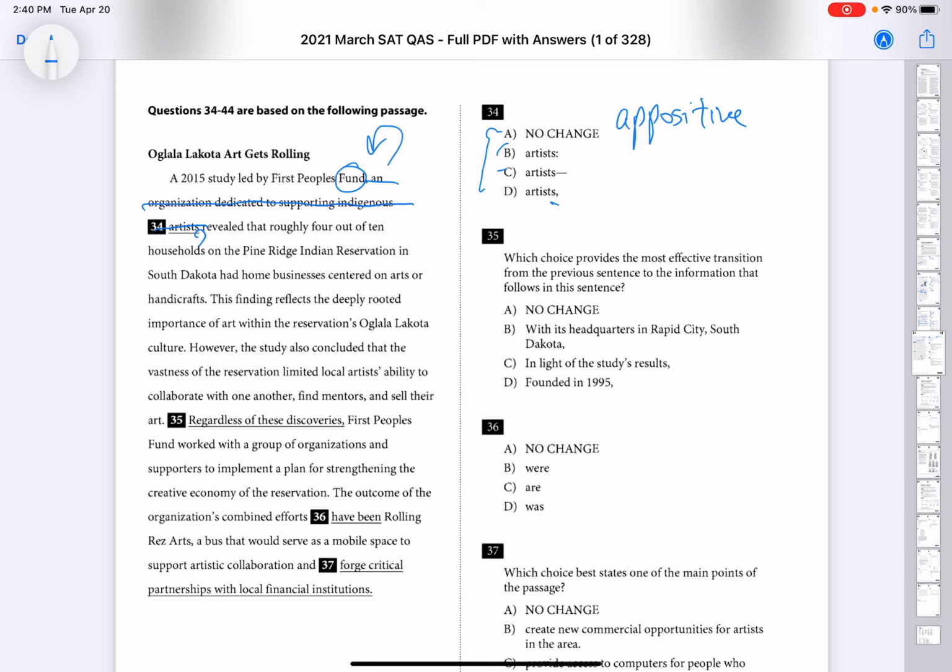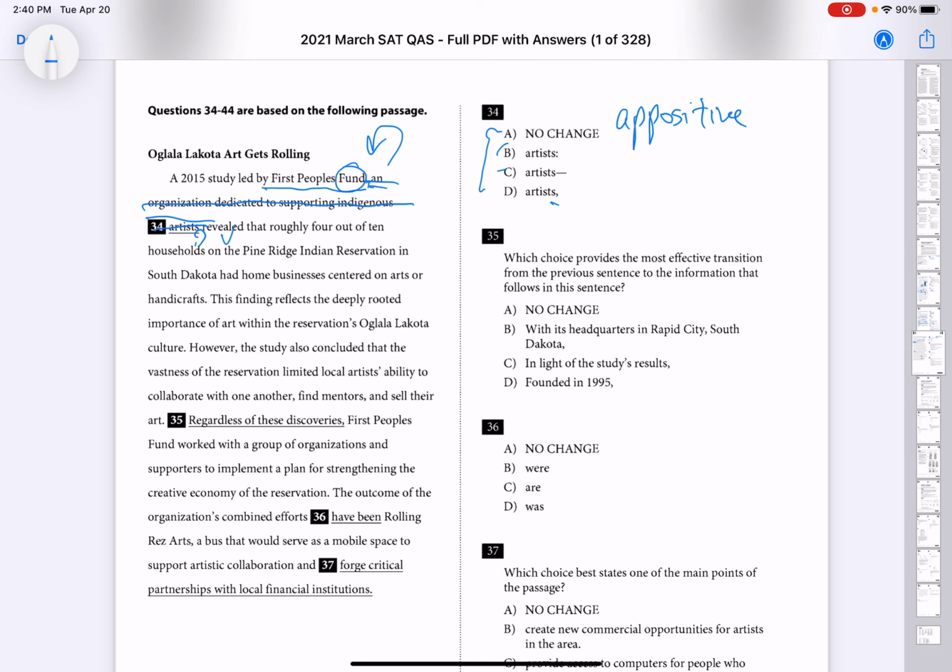In this case, it says an organization. What's an organization? The First People's Fund. So you need a comma to offset those, and then you have the verb afterward, revealed. If you read this regularly, it should be: a 2015 study led by First People's Fund revealed that roughly 4 out of 10 households on Pine Ridge Indian Reservation in South Dakota had home businesses centered on arts or handicrafts.